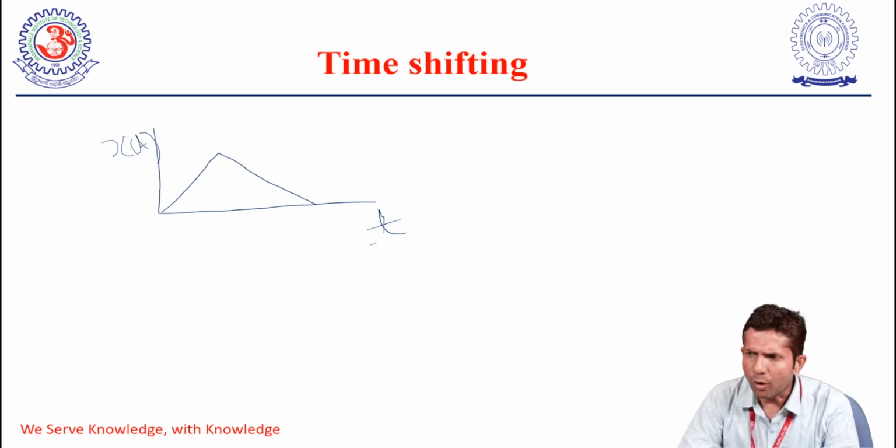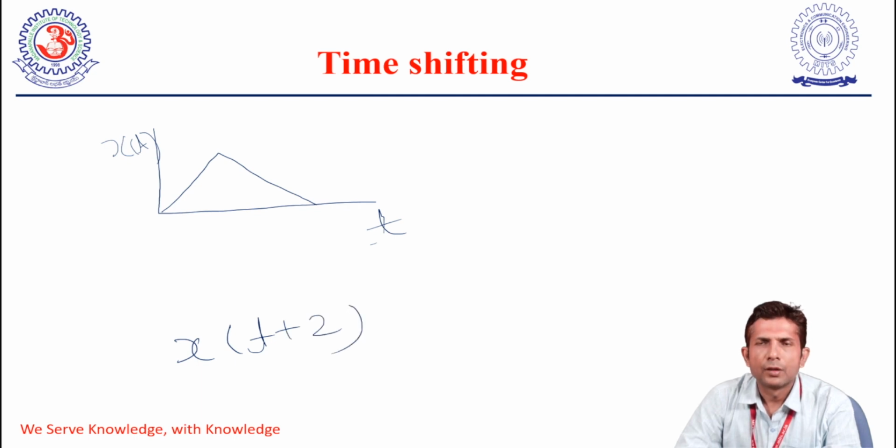So how can we do this? Suppose this is x of t. What will be the waveform of x of t plus 2? This is our original signal, and now we want this signal to be shifted by 2 units.